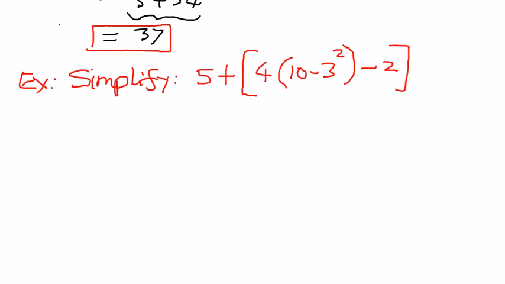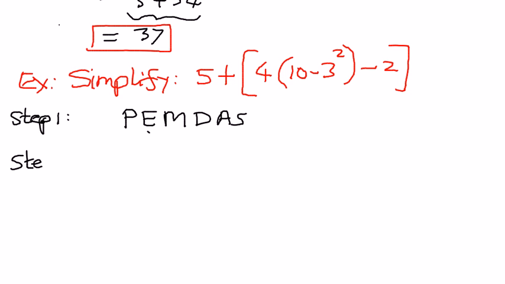So as we said, in step number 1 we write down the order of operation which we want to perform. The order of operation is PEMDAS. We want to open up the parentheses, open up the exponents, perform the multiplication, division, addition and subtraction as they occur from left to right.